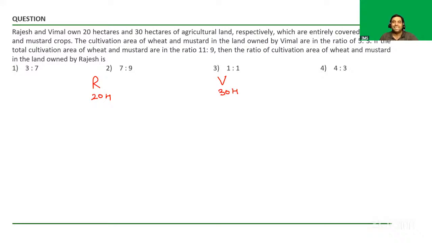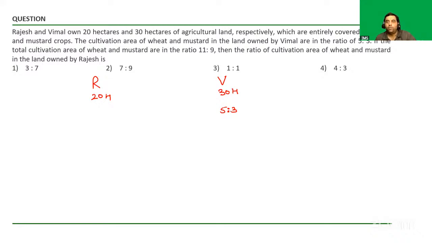Now, it is entirely covered with two crops, wheat and mustard. The cultivation area of wheat and mustard in the land owned by Vimal is in the ratio 5:3. So out of the total 30 hectares which is with Vimal, it is there in the ratio 5:3.